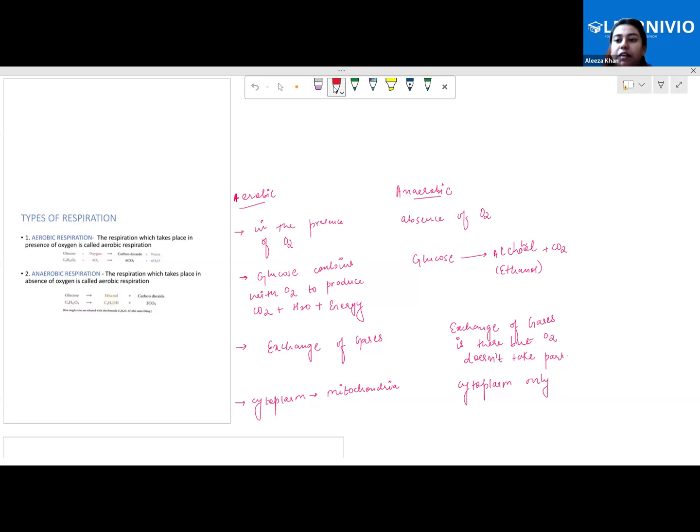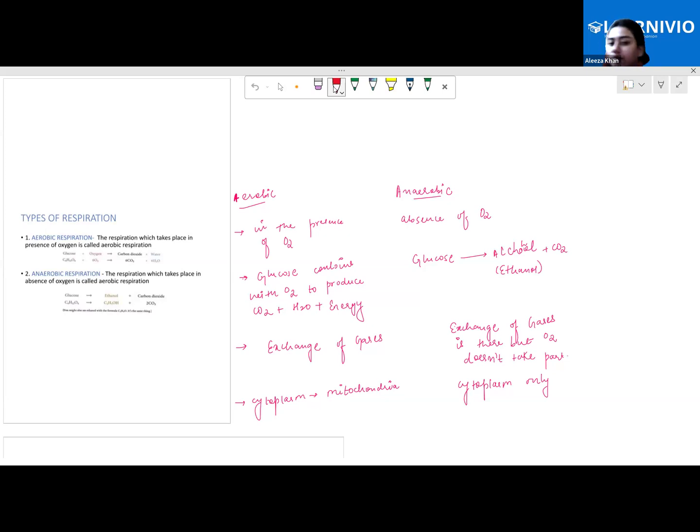Can you tell me where respiration takes place in the absence of oxygen? It will be in the muscle cells. We'll discuss that also, but first understand what aerobic and anaerobic respiration are. Is it clear that presence and absence of oxygen differentiate aerobic and anaerobic respiration?